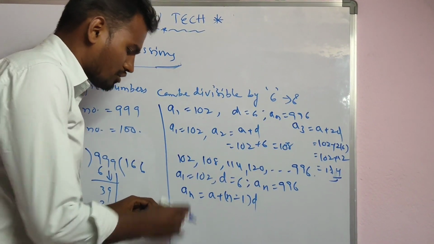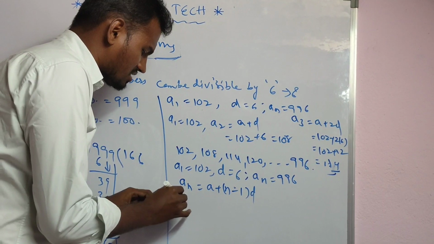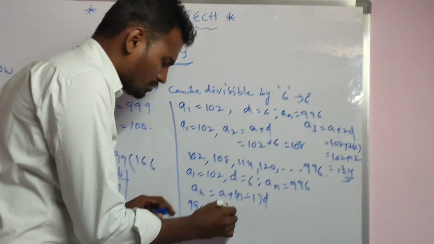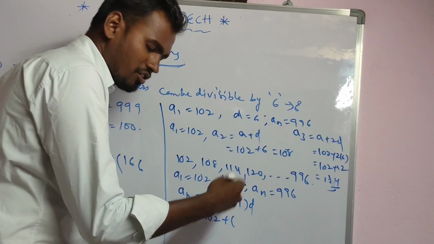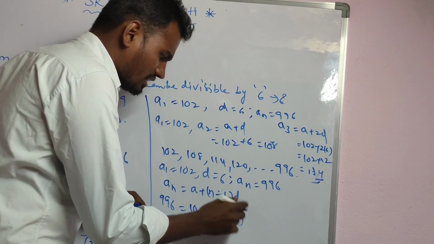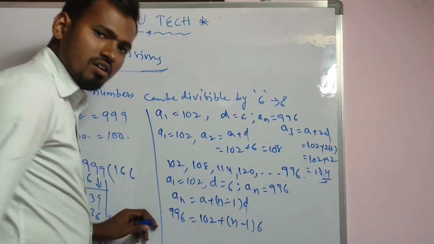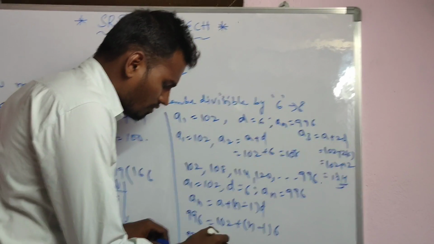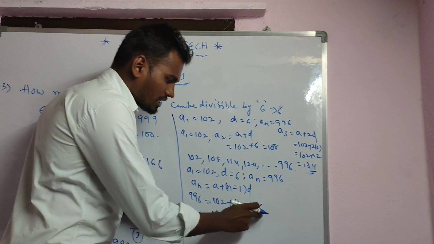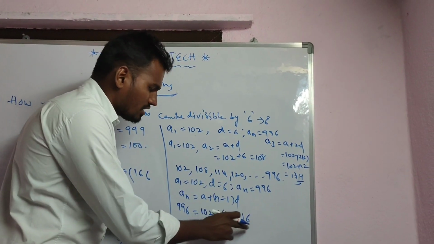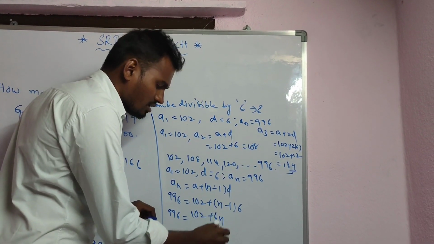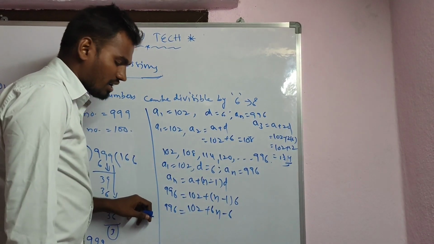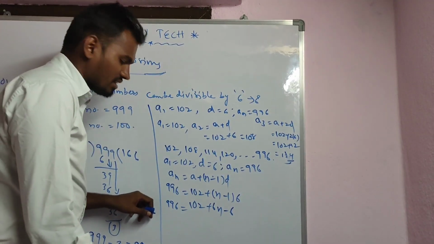Substituting, an is equal to 996 is equal to a, that is 102, plus n minus 1 into d, that is 6. So 996 is equal to 102 plus 6 multiplied with n minus 1. Then 6 into n is 6n, minus 6.